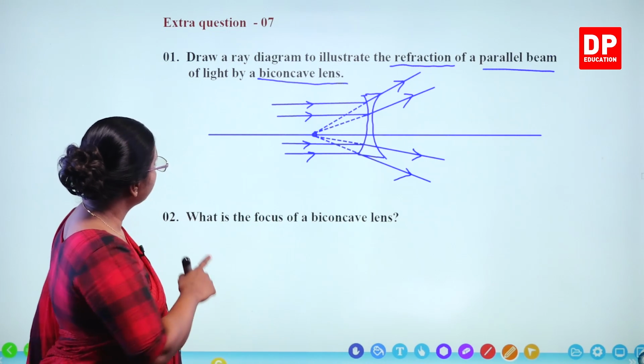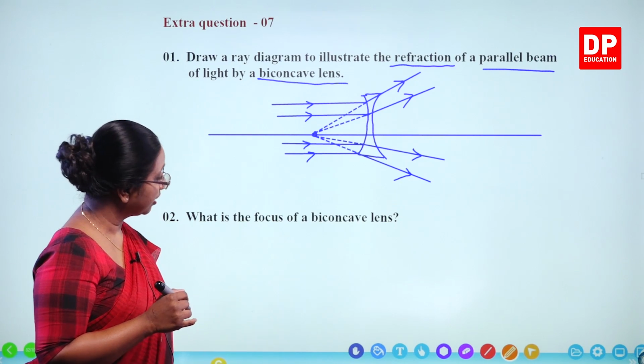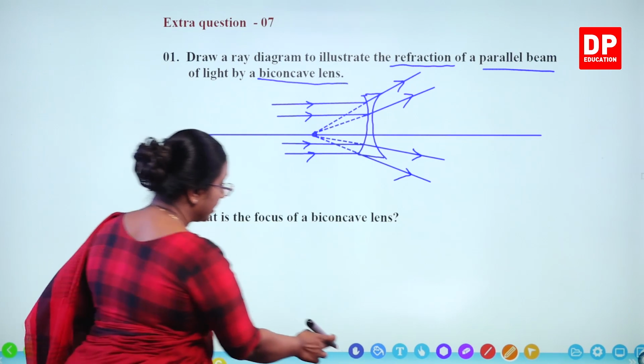Okay. So what is the focus of a biconcave lens? What do you need to write?